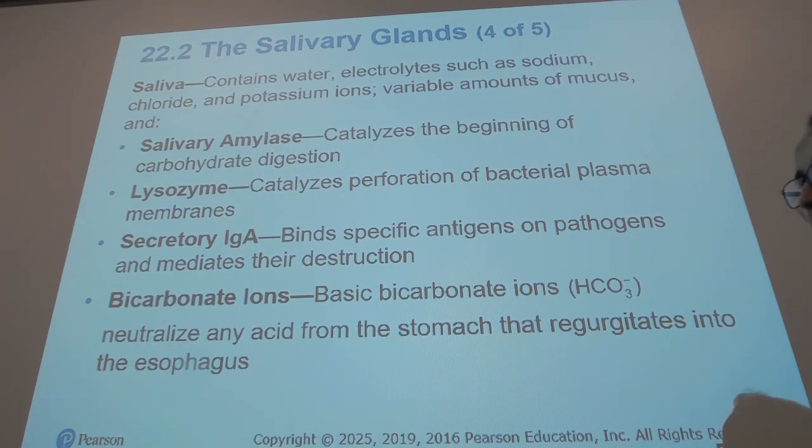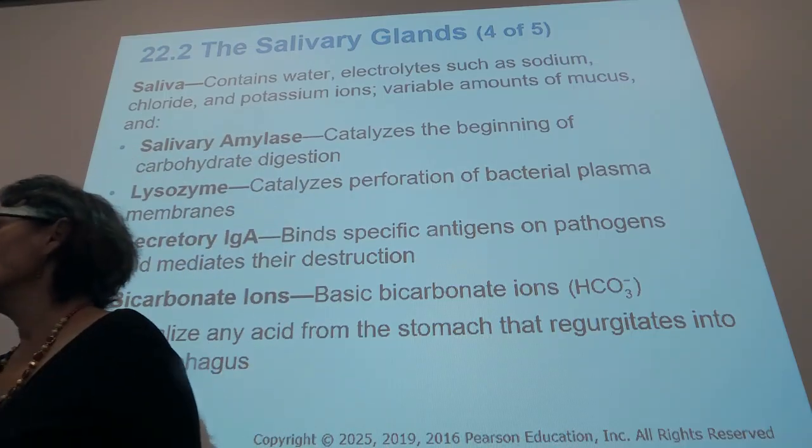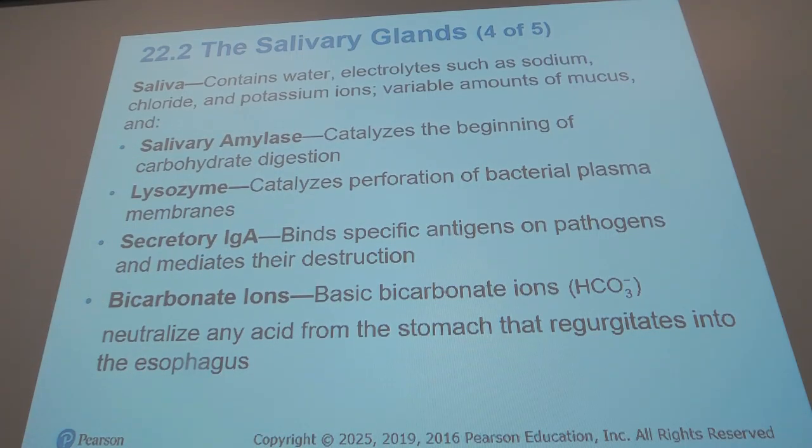Components of your saliva: mostly water. This water dissolves electrolytes like sodium, chloride, potassium, and urea. Some waste products can be found in our saliva, and enzymes like catalase and salivary amylase. This one breaks down starch into individual glucose molecules.